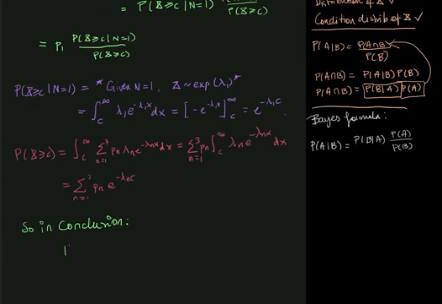So in conclusion, the probability that n is equal to 1, given that x is greater than or equal to c, is given by P1 multiplied by the conditional survival function here, which is e to the minus lambda 1 c, divided by this, which is the sum from 1 to 3 of Pn multiplied by e to the minus lambda n c.